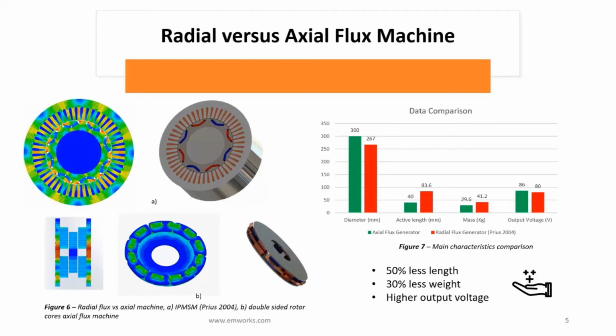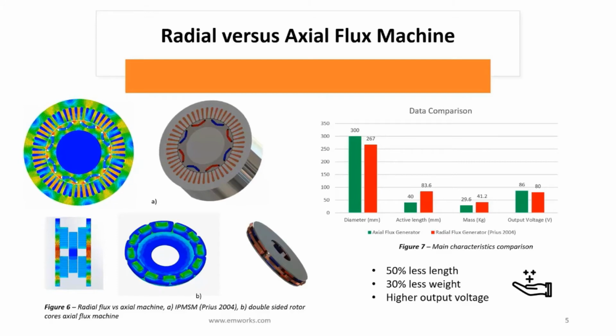The simulated radial machine is the interior permanent magnet synchronous machine used in the 2004 model of Toyota Prius, while the second machine is a 24 poles double-sided rotor axial flux permanent magnet machine. The models' geometries were seamlessly created inside SOLIDWORKS, and the simulations were conducted using EMS coupled to SOLIDWORKS Motion.